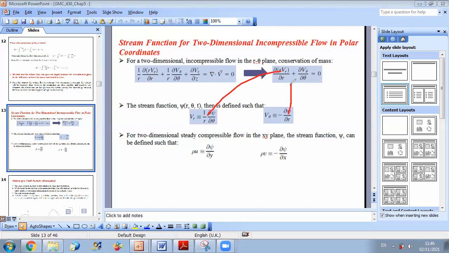This is why we say that in polar coordinates, these expressions allow us to relate psi to the velocity field. So if I know psi as a function of r and theta, I can deduce Vr and V theta.